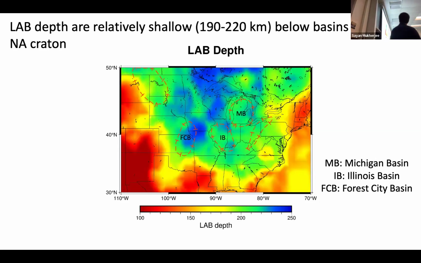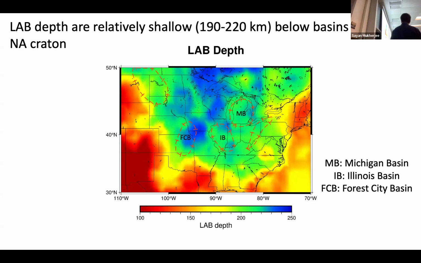For the synthesized LAB depth model, we can see that in the North American craton, the LAB depth generally varies from 190 kilometers to about 250 kilometers.